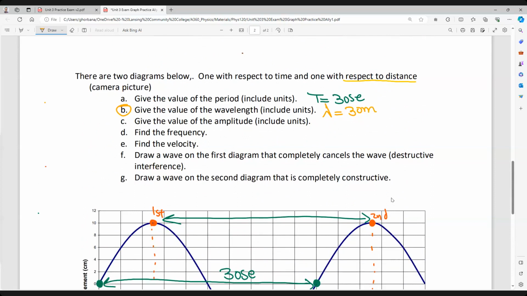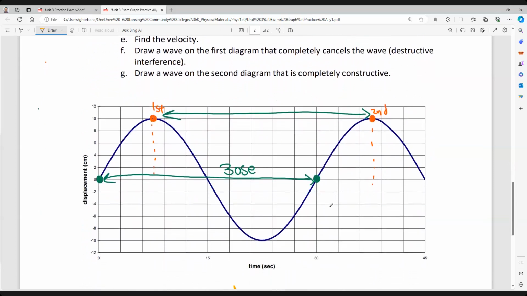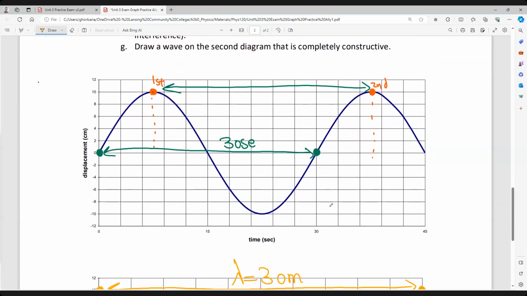Amplitude. Which one can we use to get the amplitude? Amplitude is displacement, the up and down movement. Either one gives you the amplitude. Again, from the midpoint to the crest or trough. From here to here, what is this? Distance is 10 meters.